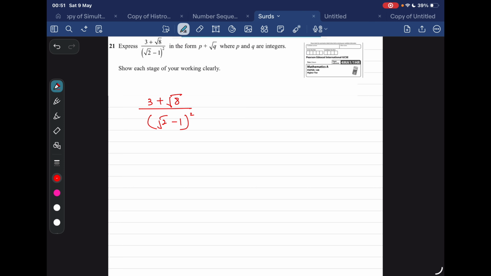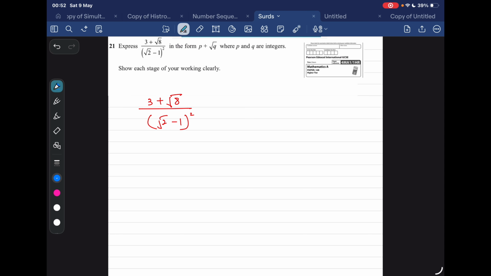So step 1: first go towards the numerator of this fraction. What is the numerator? 3 plus root 8. First let's consider the root 8. How could we solve this?